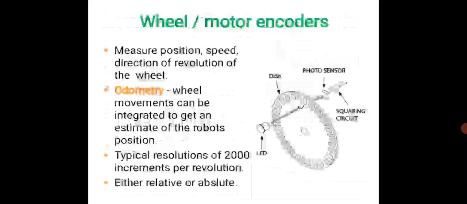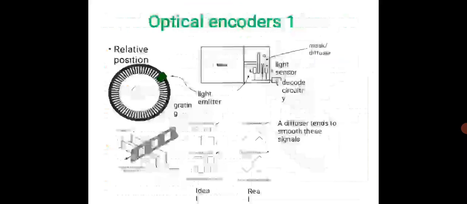We define this as odometry, which is nothing but the wheel movements being integrated to get an estimate of the robot's position. The resolution can be around 2000 increments per revolution, and it can be either relative or absolute.